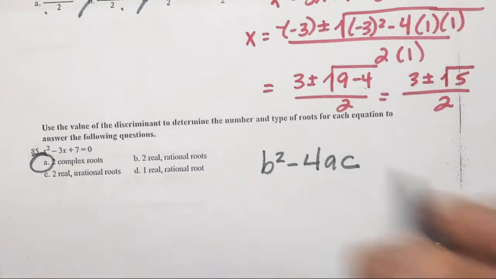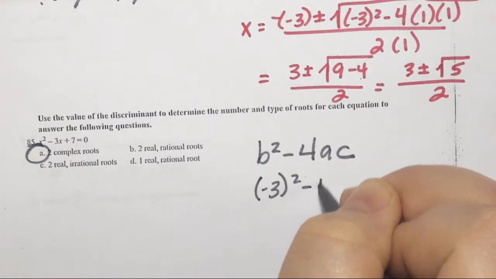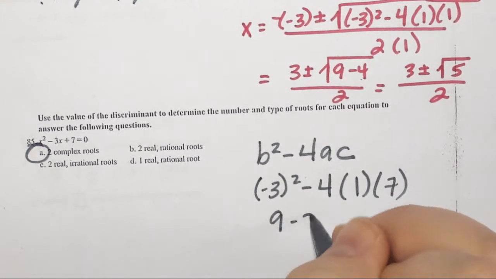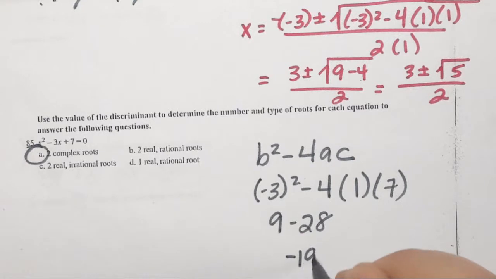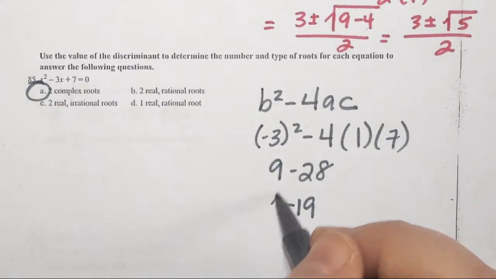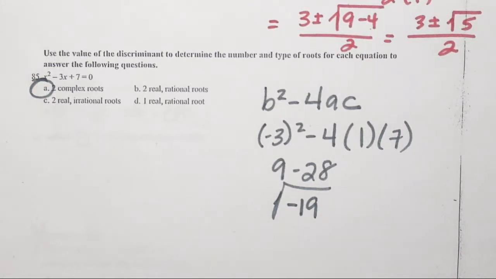You got 9 minus 28, which is negative 19. We can't have a negative square root. Anytime that happens, you realize that involves imaginary numbers, hence why he's saying there are 2 complex roots.